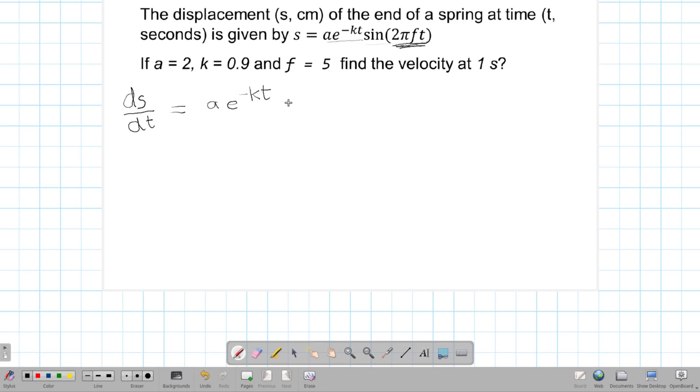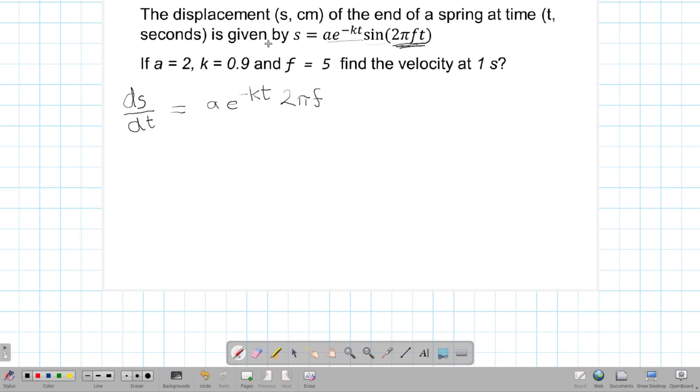Okay, what's the derivative of sine 2 pi ft? Okay, well, if you remember the standard derivative, the 2 pi f, which is our k term, our constant term in front of the t, comes out to the front. So we're going to have 2 pi f, and then we've got our function, which, whoops, bear with me, that should be a cosine.